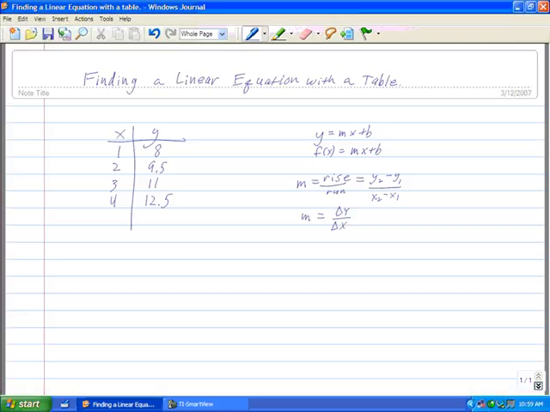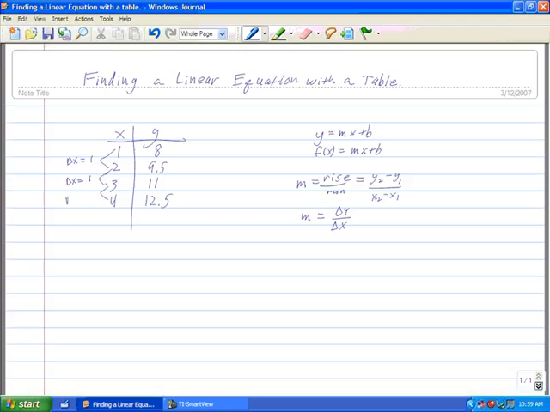So for example, with this table we already have, we can look at our delta x values first. This first delta x is equal to a change of 1, because it went only from 1 to 2. The next delta x is a 1 also, because it went from 2 to 3.